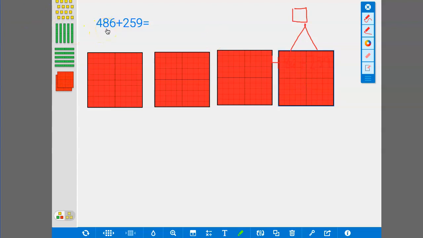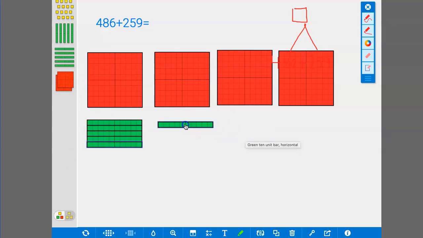Then I'm going to add 8 tens. Since we're running out of space, I'm going to go sideways today. 10, 20, 30, 40, 50, 60, 70, and 80.